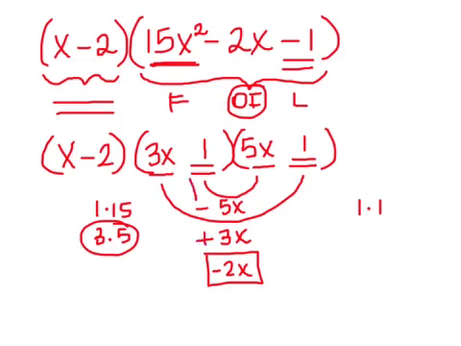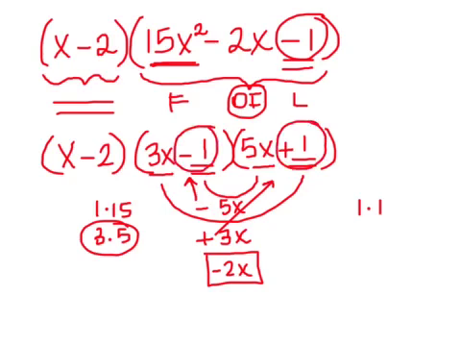Therefore, we put the first sign in the first spot, the second sign in the second spot. Just double check that that does actually give you a negative 1 when you multiply this term times this term, and that checks out as well. And so now we have fully factored this polynomial.